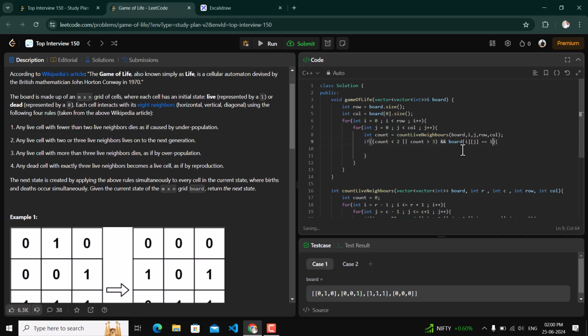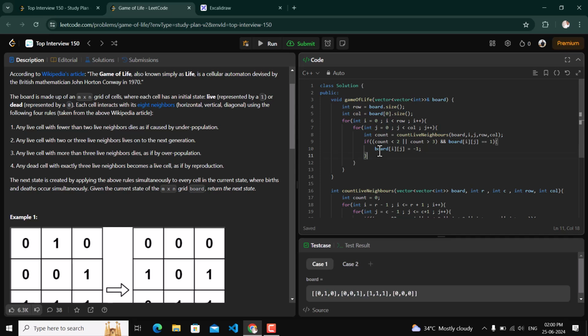Like the current cell is 1, and its live neighbor count is less than 2 or greater than 3. In this case, because of under or overpopulation, it will die. So we will convert it into -1. Board of i comma j is equal to -1.